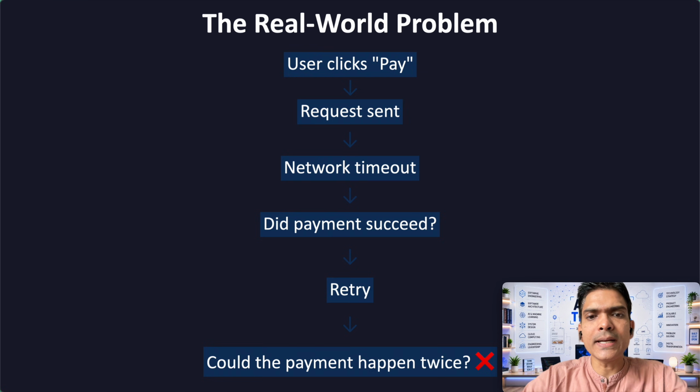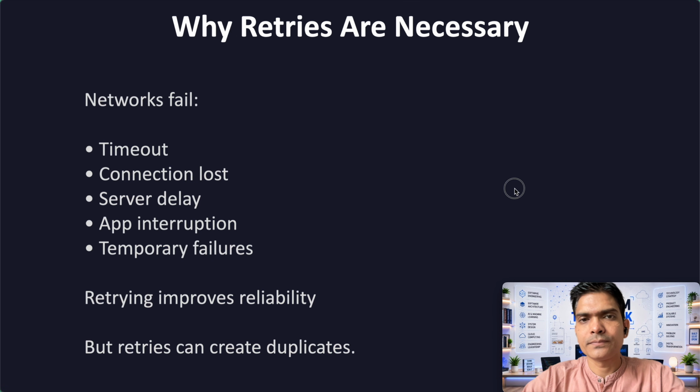But here is a critical question: could the payment happen twice? If the first request actually succeeded, but the response was lost, the retry could create a duplicate payment. This is exactly the kind of problem idempotency helps us solve.